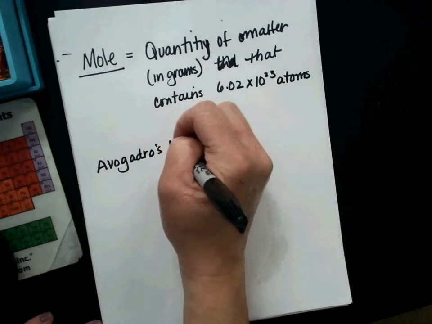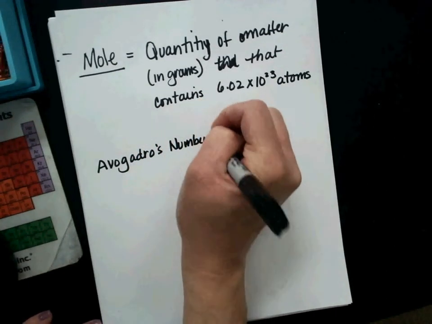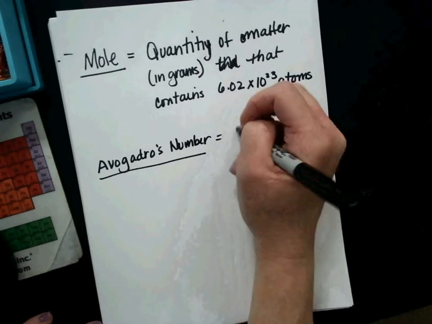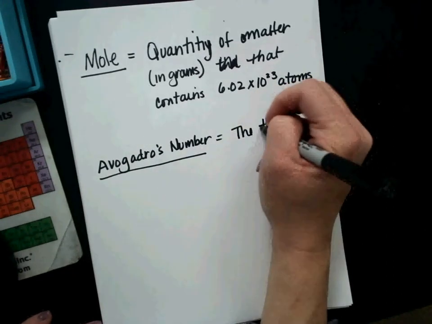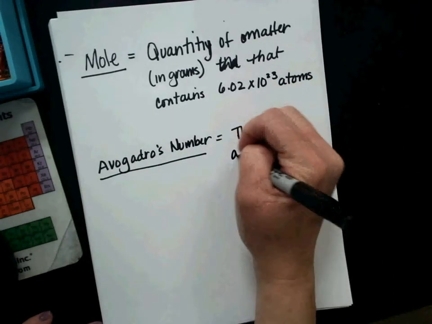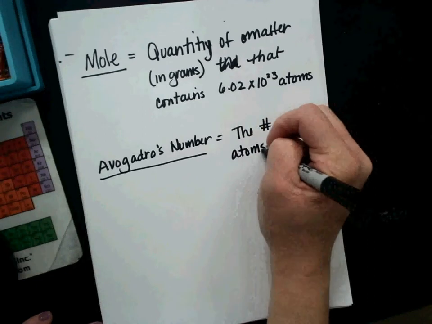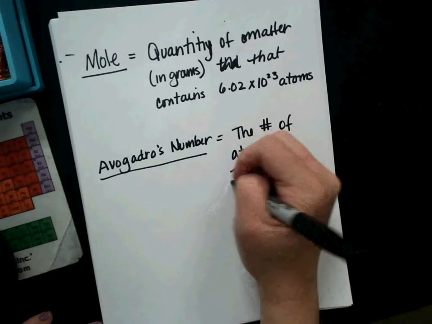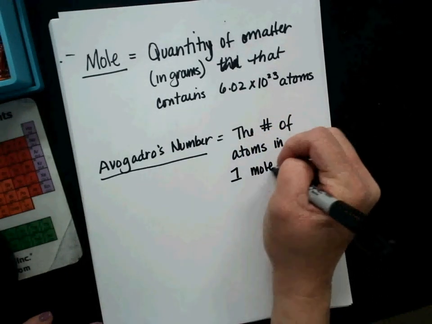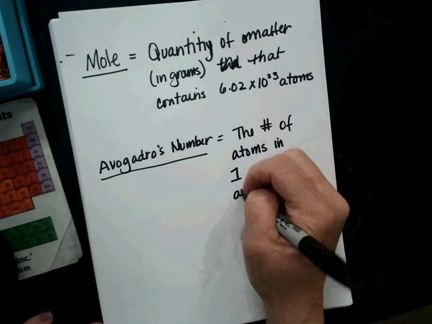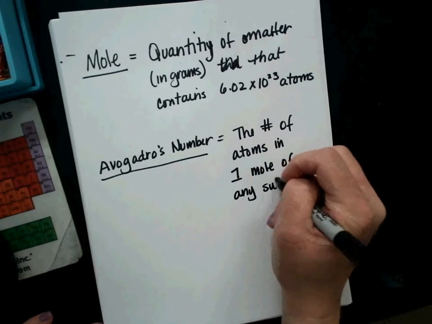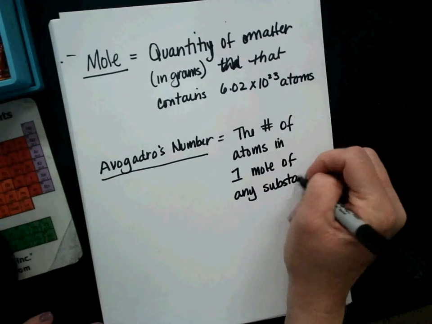Avogadro's number equals the number of atoms in 1 mole of any substance.